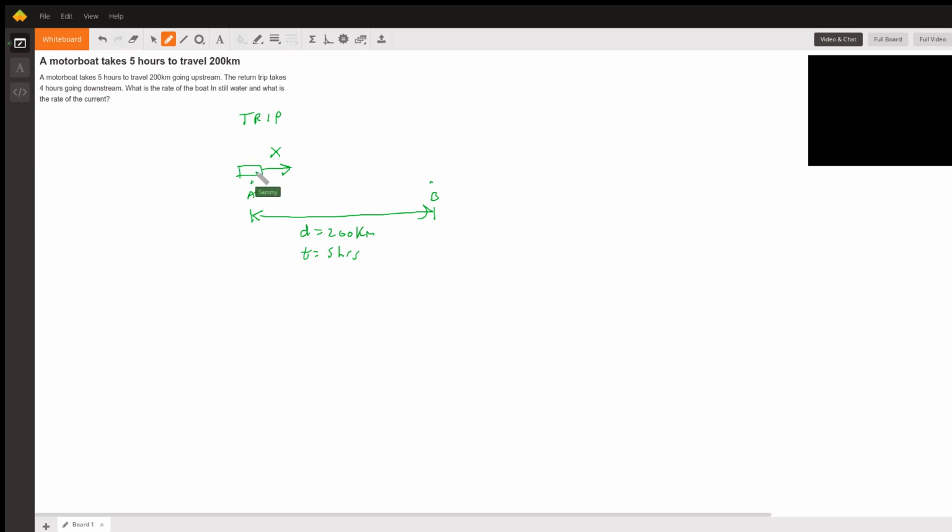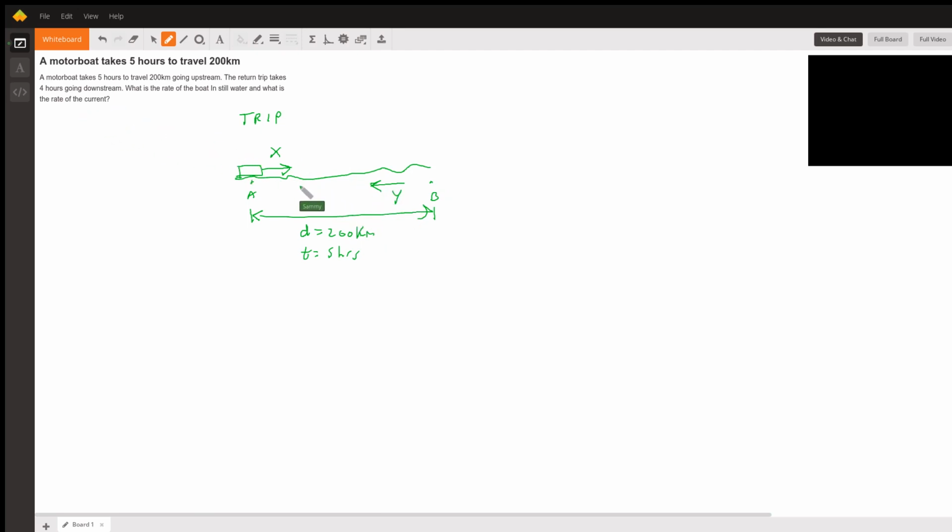Because the boat is going upstream, the current is actually going in the opposite direction. So the current is going this way, and we can use y to represent the rate of the current.